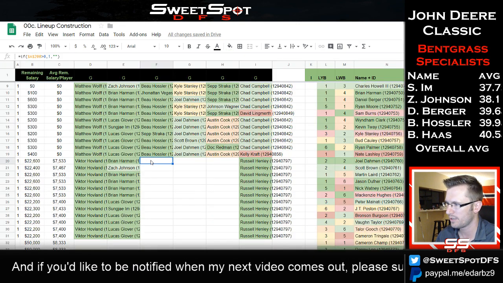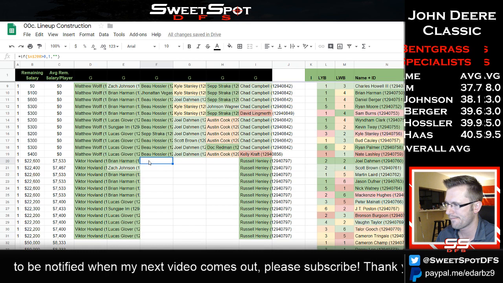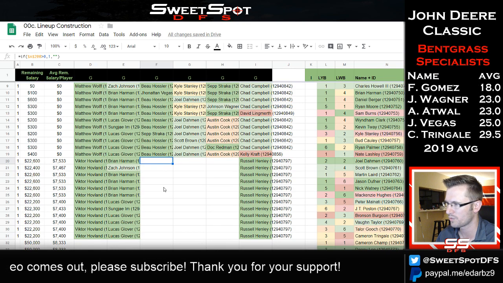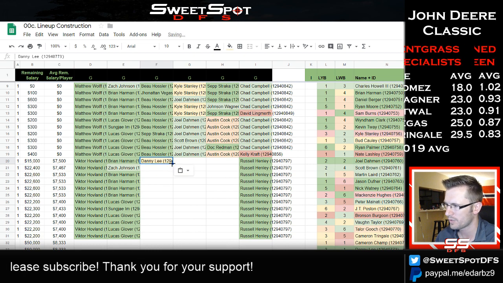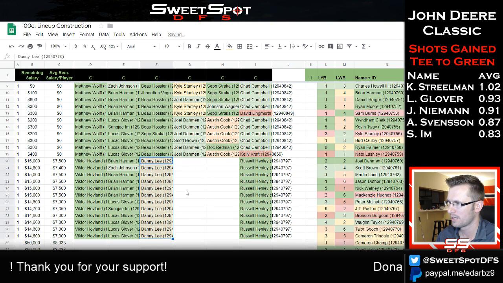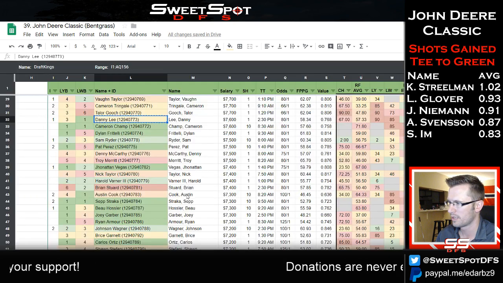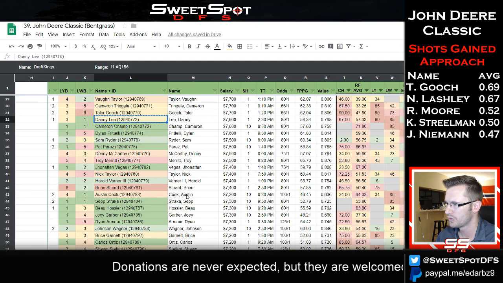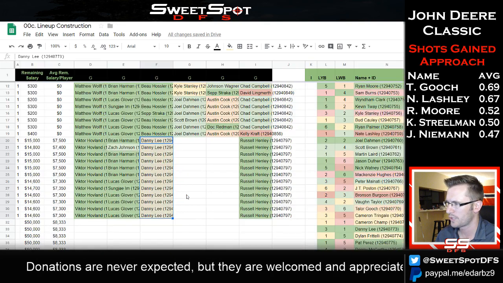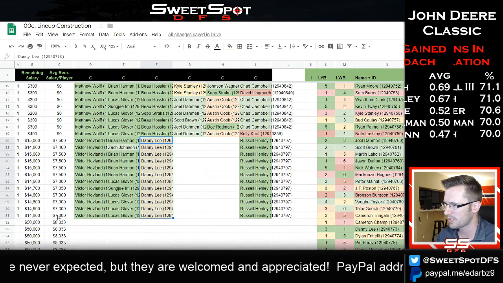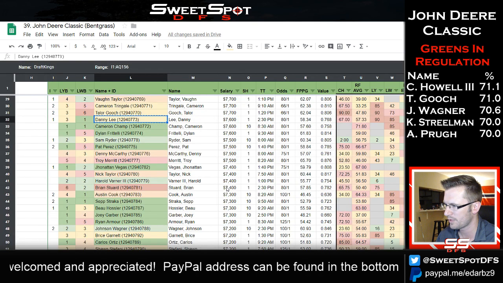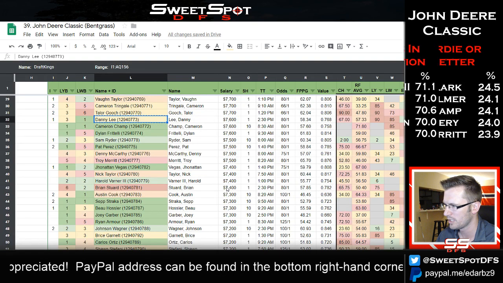Now, we do have our dark greens here, so that's at least 3 per. We can start with Danny Lee. So 73 basically is our low end here. 75 is our high end, but we'll just stay with around 73.